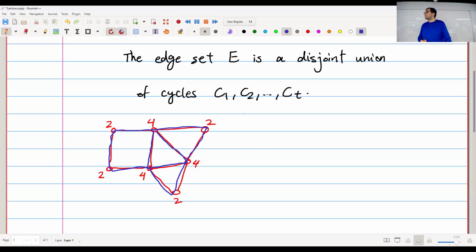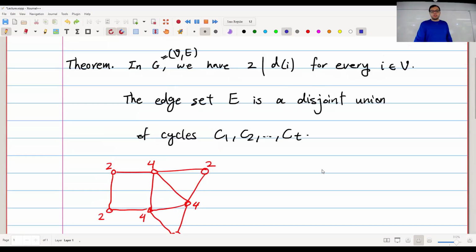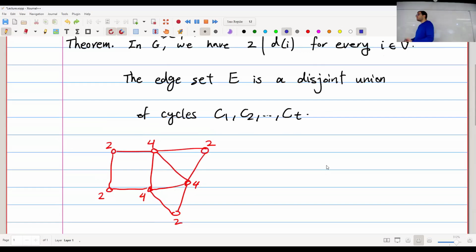This also works. So I'm not saying there is a unique way of doing this or that the number of cycles remains the same. I'm just saying as long as the degree of every vertex is even, there is at least one way of decomposing your graph into a bunch of cycles. How do you propose we prove this?